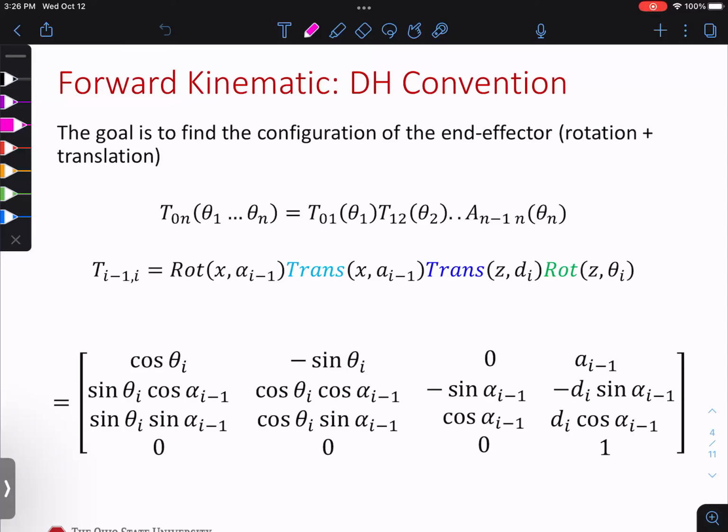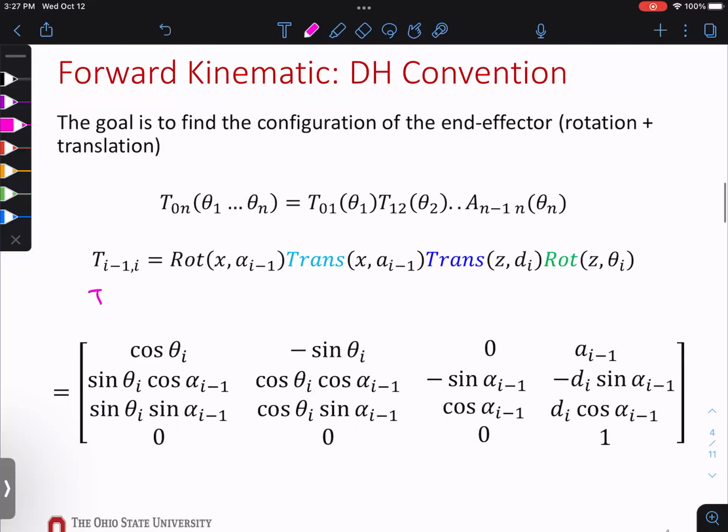Now to find them, we need to find the direction of the z-axis, the direction of the x-axis, and what are those a i-1, d i, and theta i. Any questions so far?